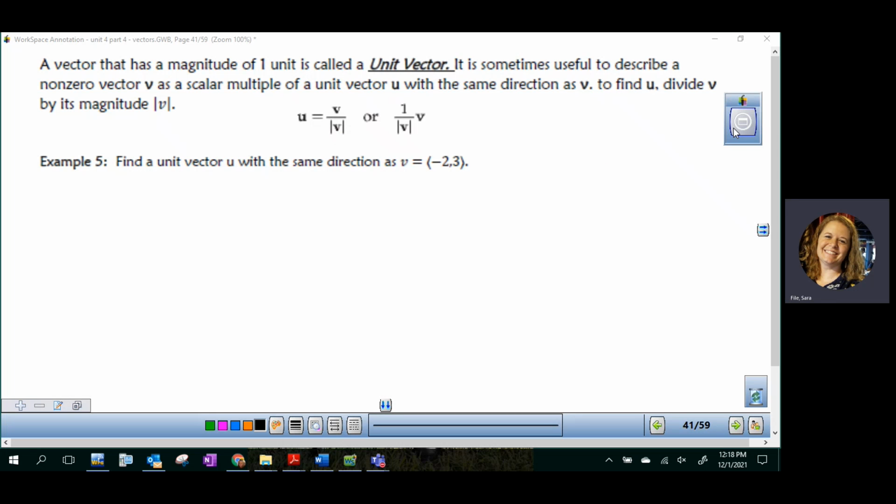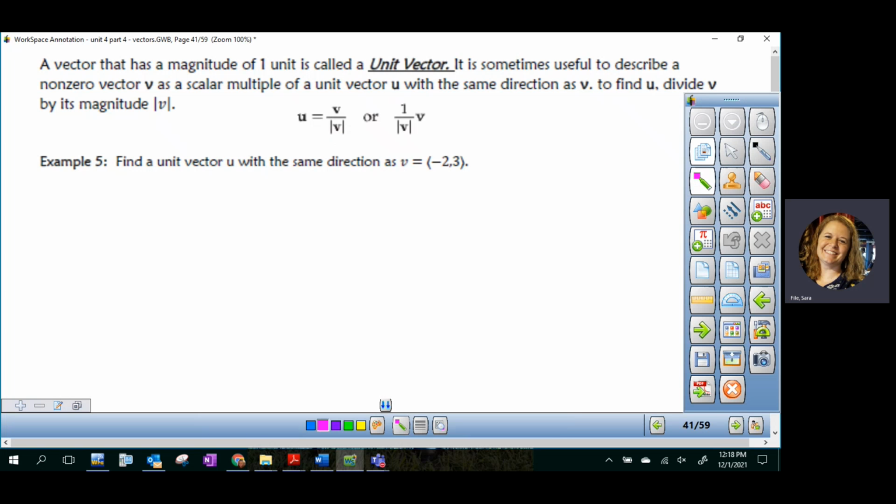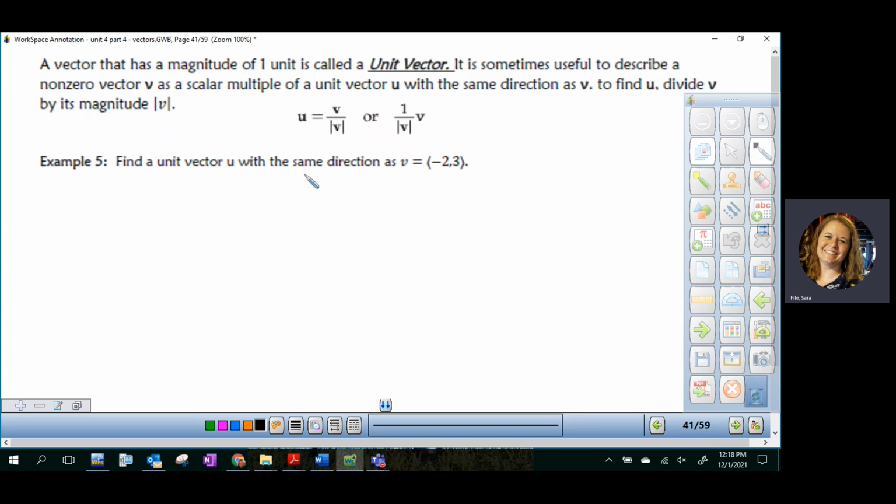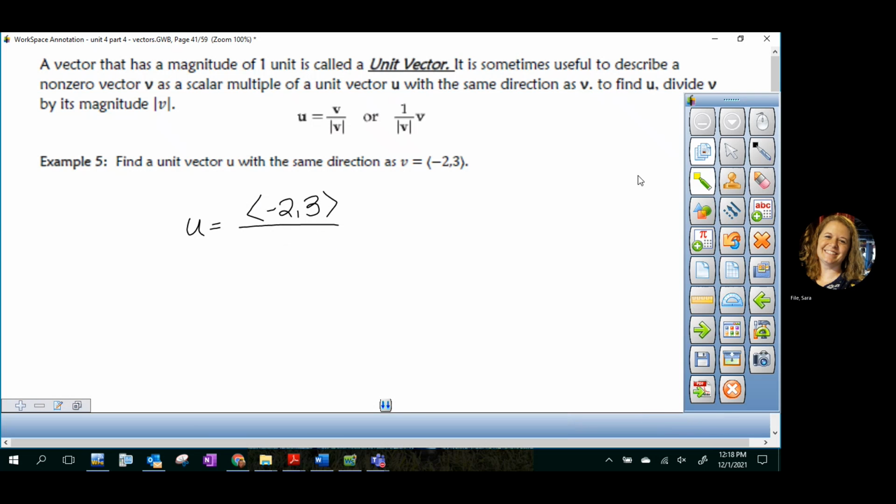Okay, so we're going to try that in example 5. I want to find a unit vector that goes in the same direction as vector v. So vector v divided by the magnitude of vector v. I need the magnitude to go here.